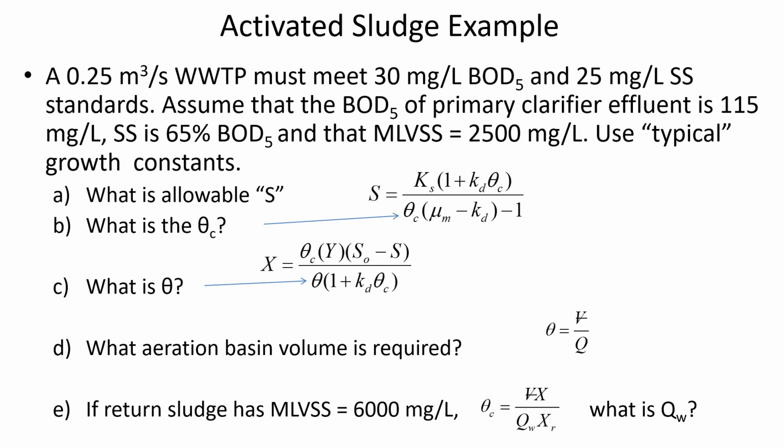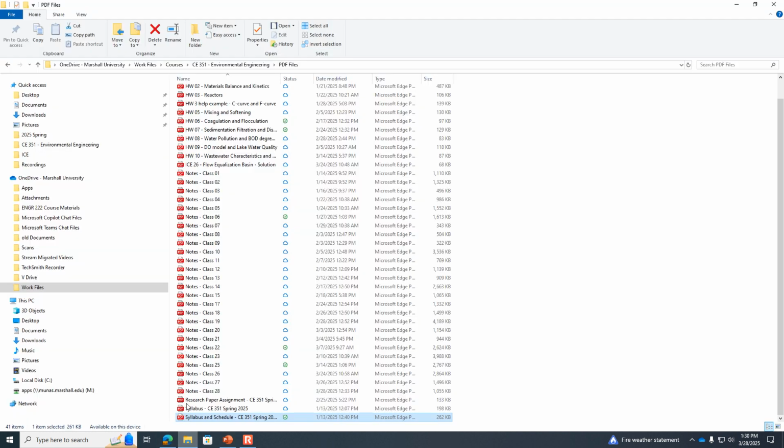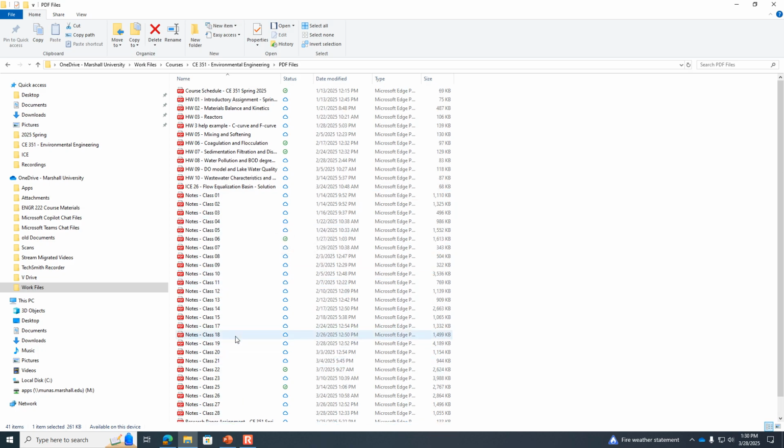So that means that we can only have 13.75 milligrams per liter of BOD5 in solution. So the BOD that comes out of secondary treatment, some of it is dissolved and some of it is suspended. The suspended part of the BOD will be 65% of 25 milligrams per liter. And then the dissolved fraction of BOD will be 13.75 milligrams per liter.